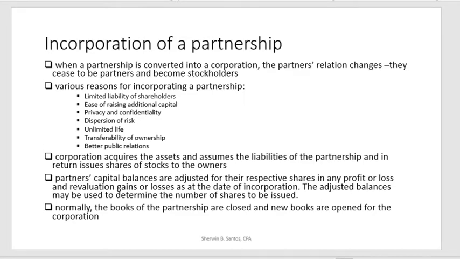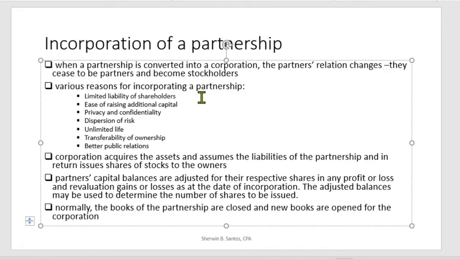One is the limited liability of shareholders because ang sinasabi under the corporation code ay kung magkano lang yung amount of your shareholding, yun lang ang liability mo. Unlike in a partnership where the liability extends up to your personal properties.